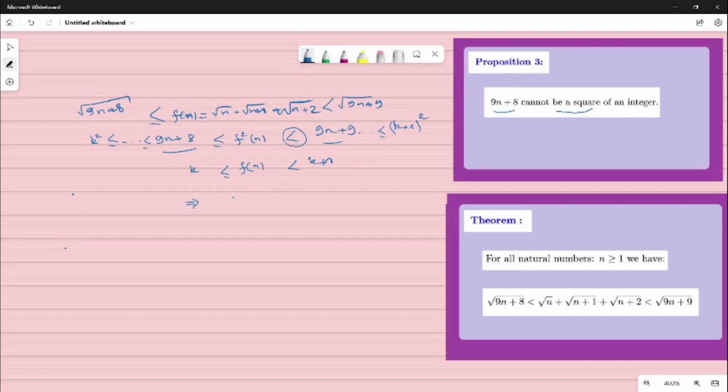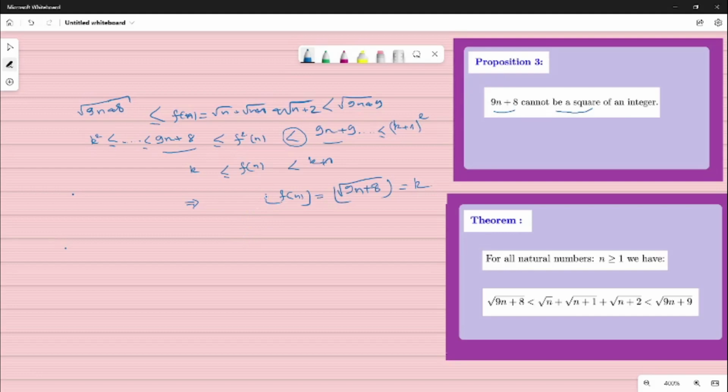And then we can say that f of n squared is between 9n plus 8 and 9n plus 9 equals k squared, because if we put it here, it is between k and k plus 1, and we have solved our problem.